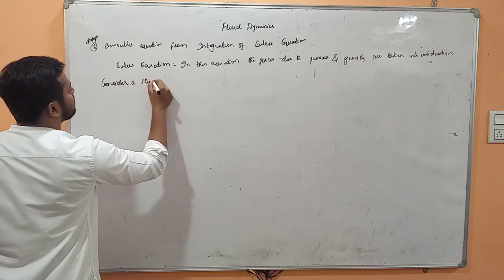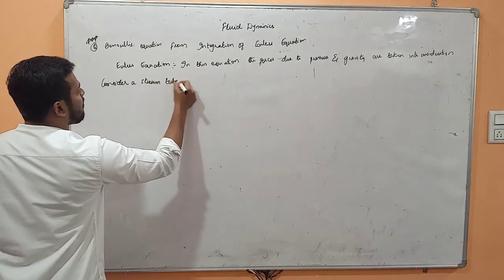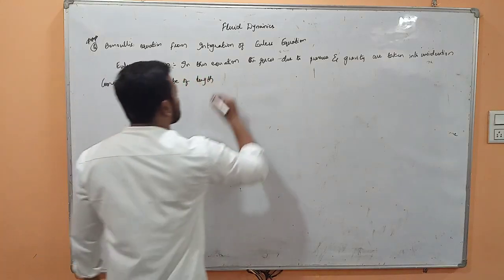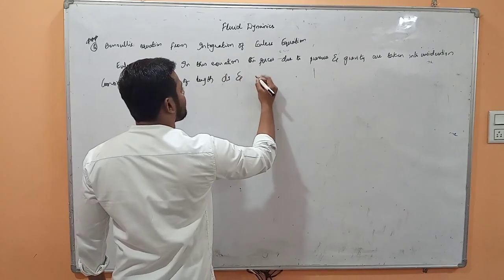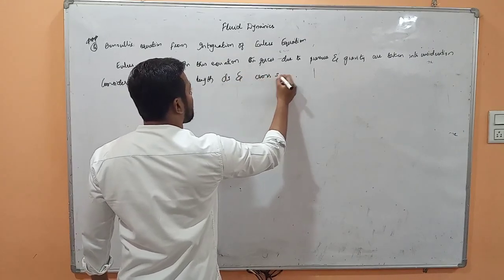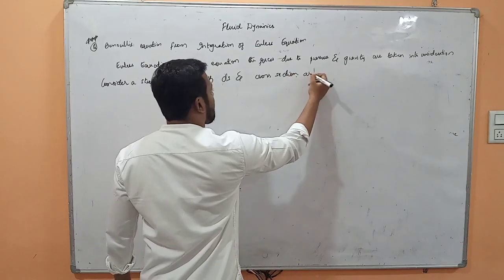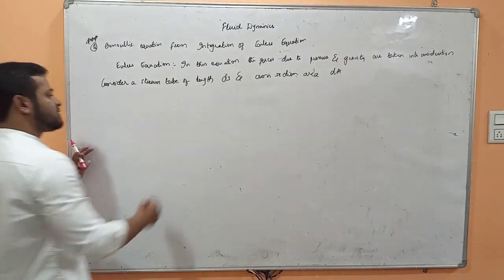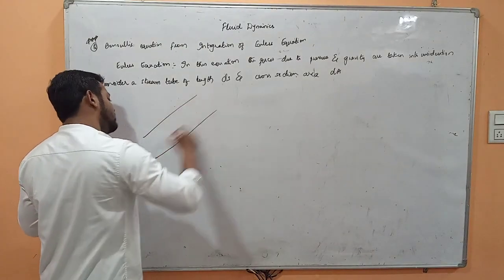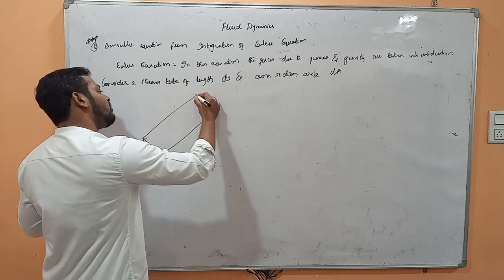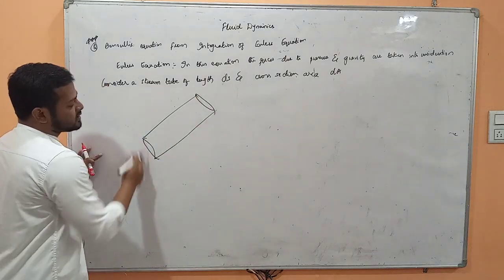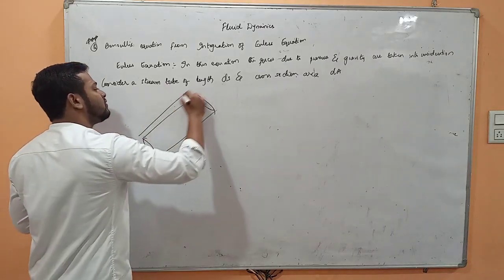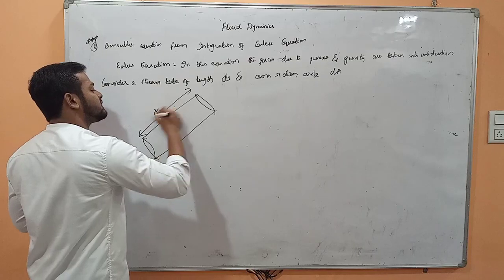Consider a stream tube of length ds and cross section area dA. Okay, so we are going to consider one stream tube, a stream of water. And this water has a cross section of area dA, and the length of this water is ds.